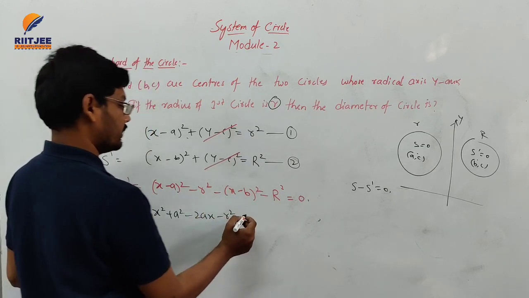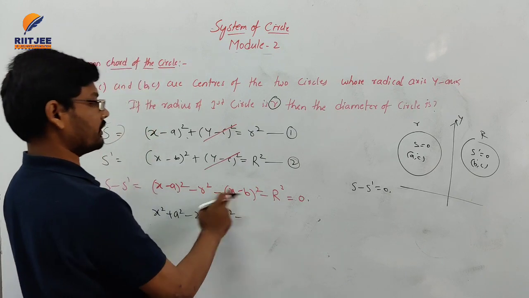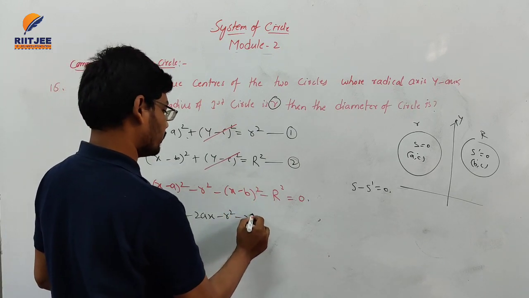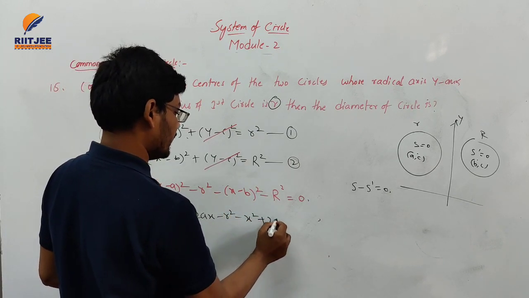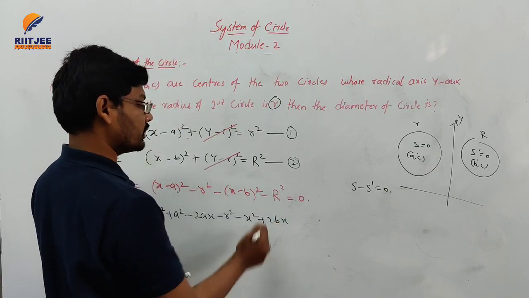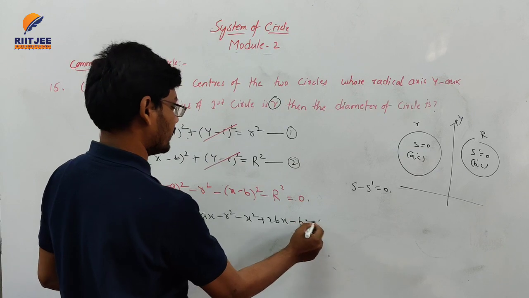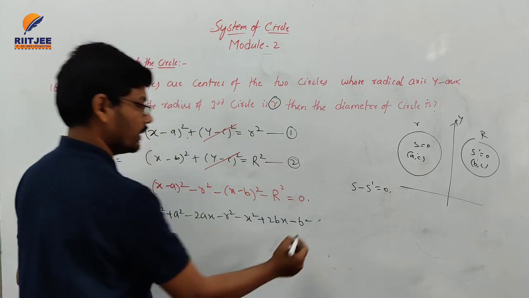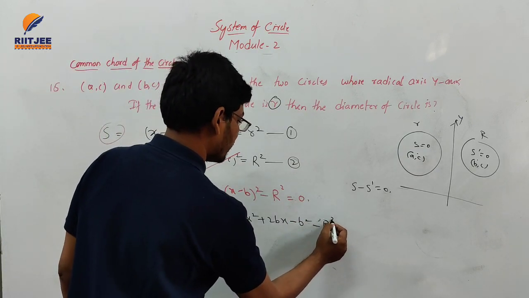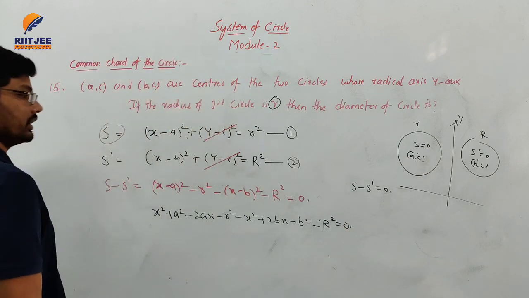Next, minus of this one, that minus of this value will become x square plus 2bx minus b square plus minus R square. This is the value here.